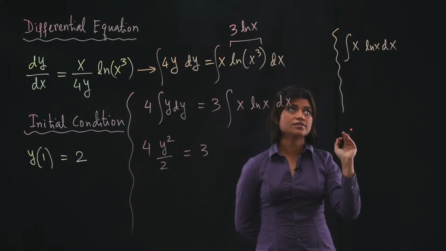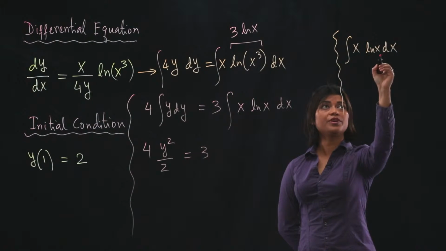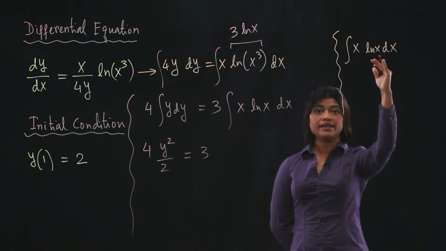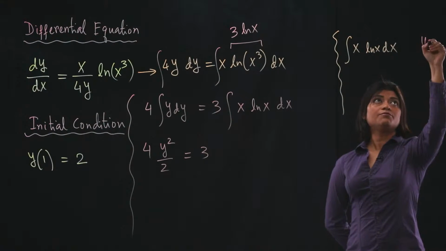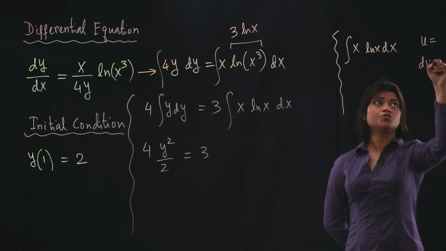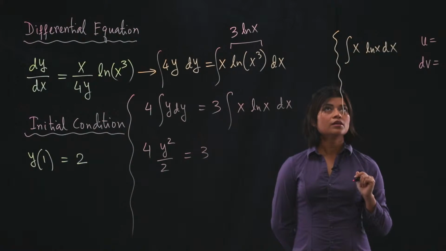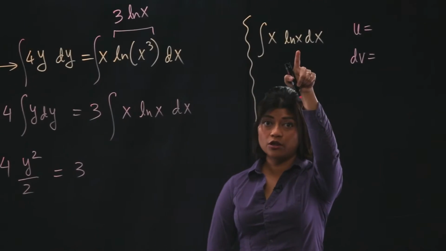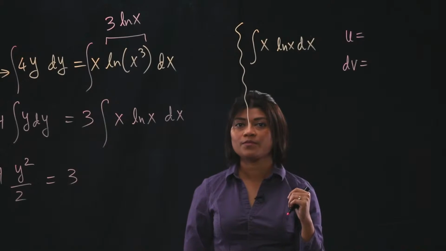Integration by parts is a method where you have to first separate the functions into u and dv, and then we use the by parts formula. So you have to choose u and you have to choose dv from this given function here. So there are two different functions you have. You have an x and you have a natural log of x. Which one do you want to choose as u?